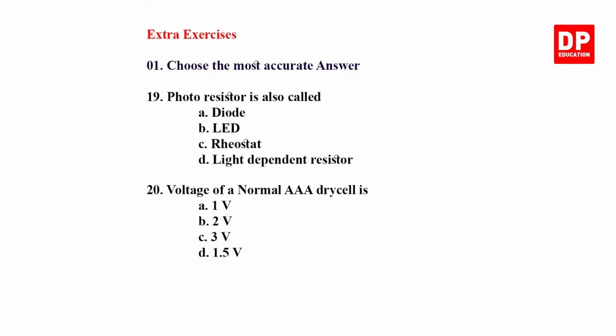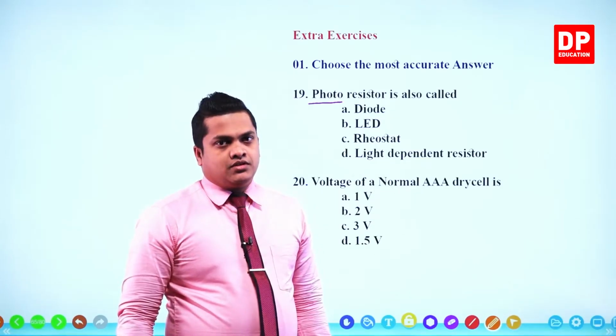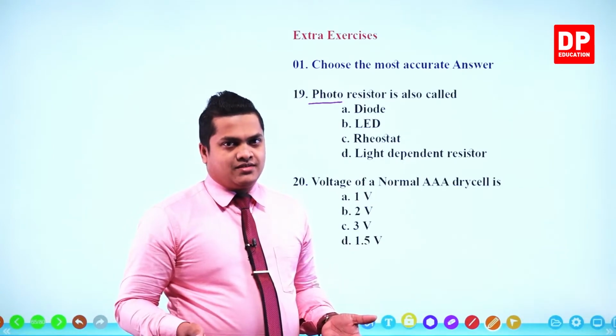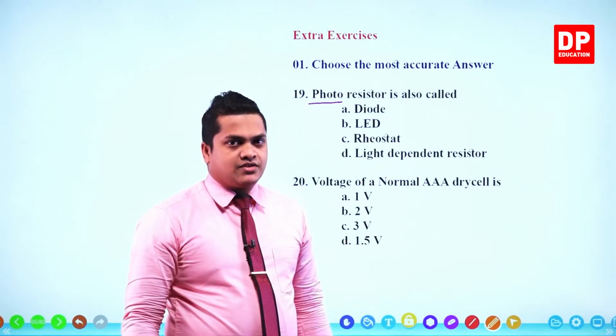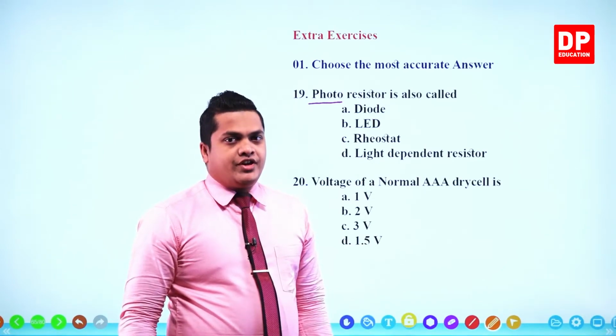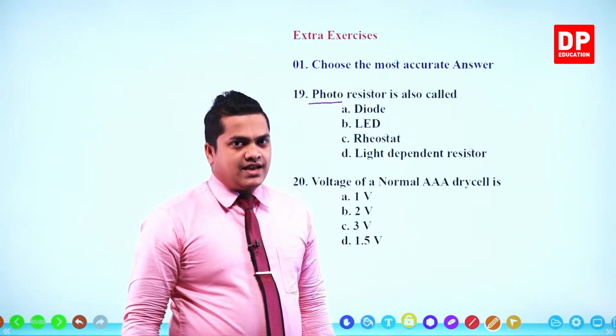Photoresistor is also called, now photo means, my dear children, light. Photosynthesis. In photosynthesis, you know that sunlight is getting absorbed by the plants to produce food. So photosynthesis means it's going to utilize light energy.